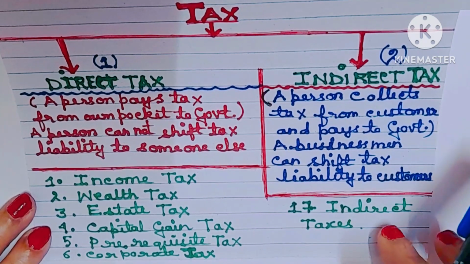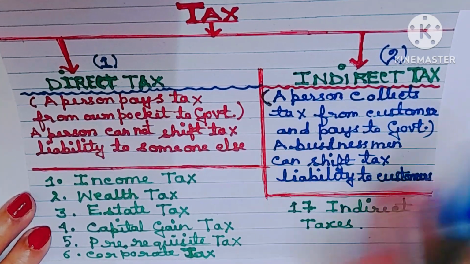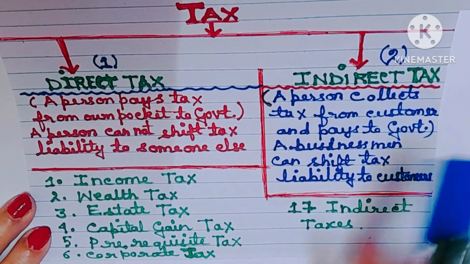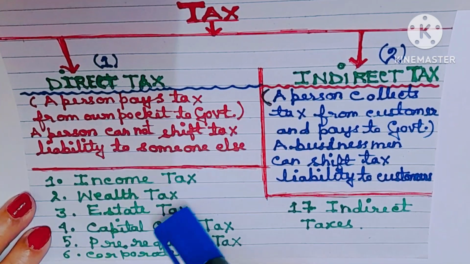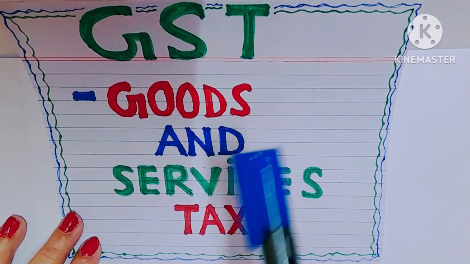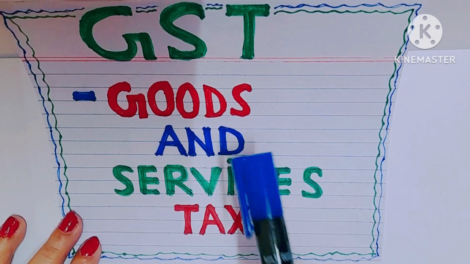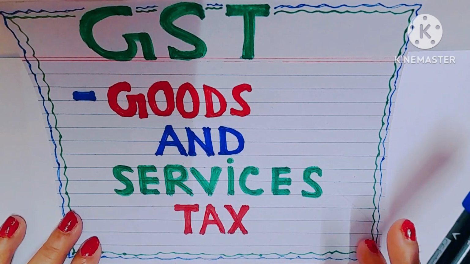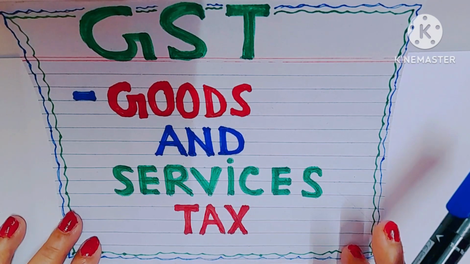So 17 indirect taxes have been replaced or merged into a single tax called GST, but direct taxes are still existing.